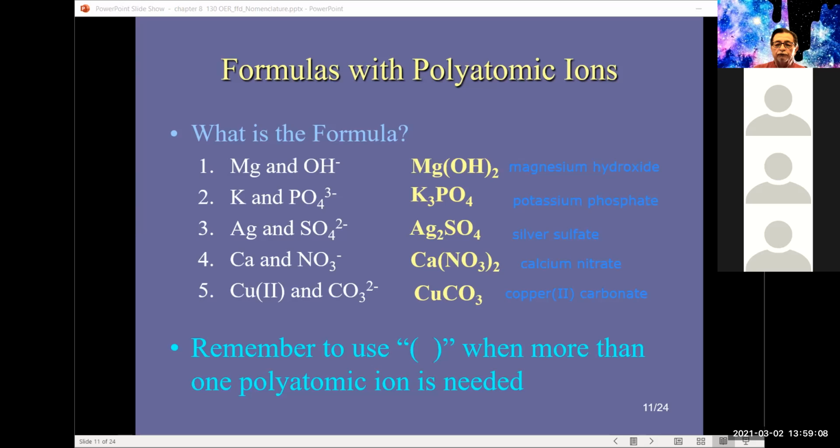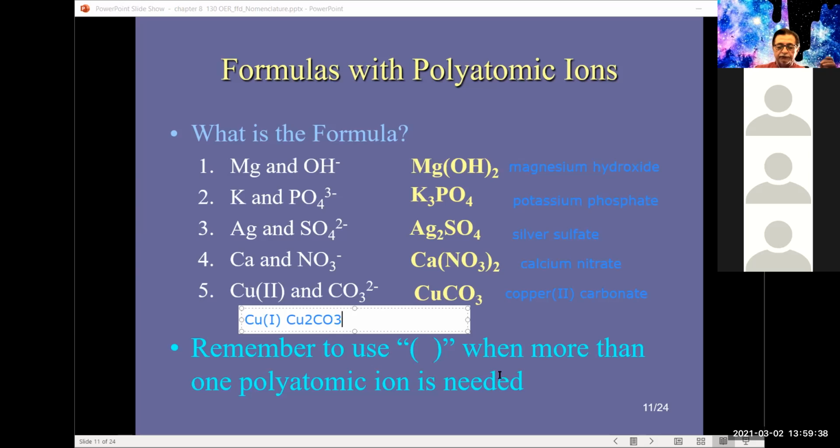If this were, for example, let's say that they gave you Cu Roman numeral 1. Okay. Well, that's +1 charge. So that means that I would need Cu subscript 2, okay, and then my carbonate subscript 3.